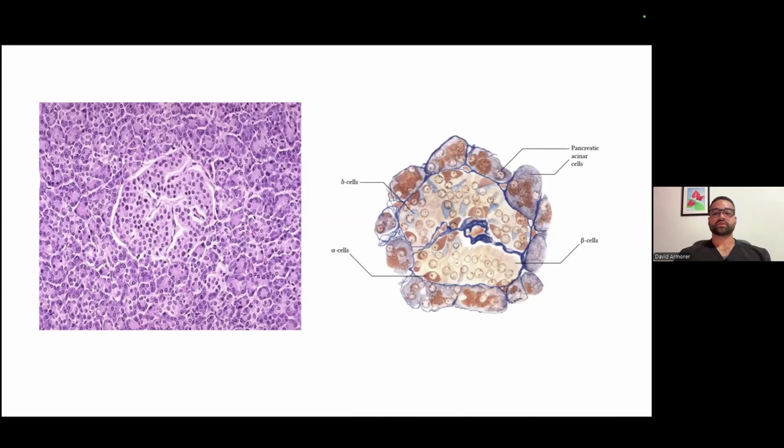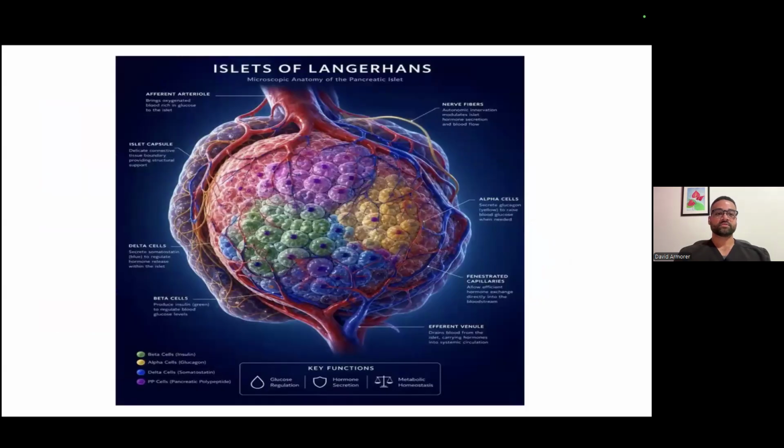There are two other cells which are not depicted in this diagram here, which would be the gamma cells, as well as the epsilon cells, which secrete smaller amounts of hormones. So here's just a more in-depth picture of the islets of Langerhans to understand that the capillaries that perfuse the islets of Langerhans are key in terms of taking away the hormones to feed into the bloodstream.